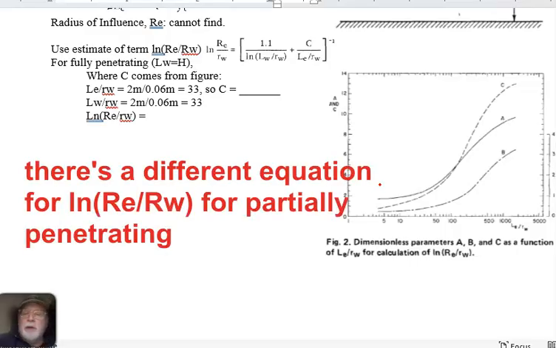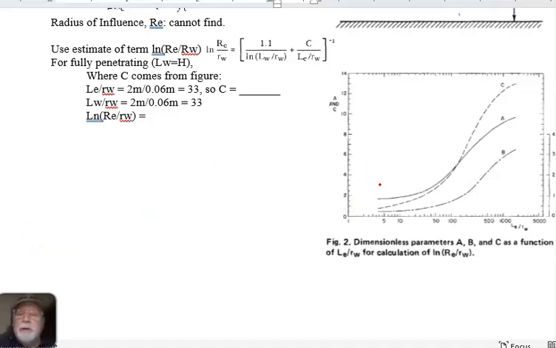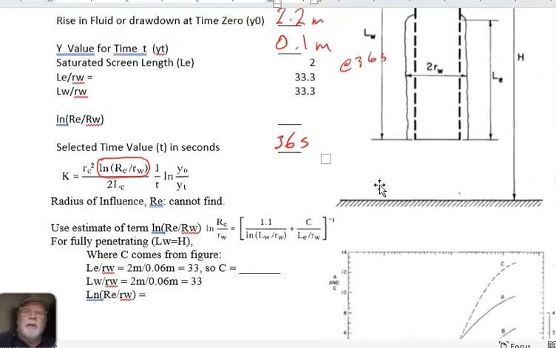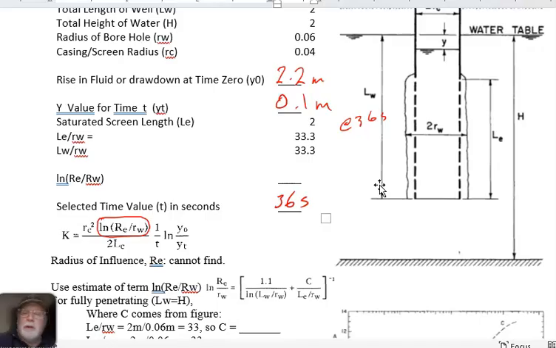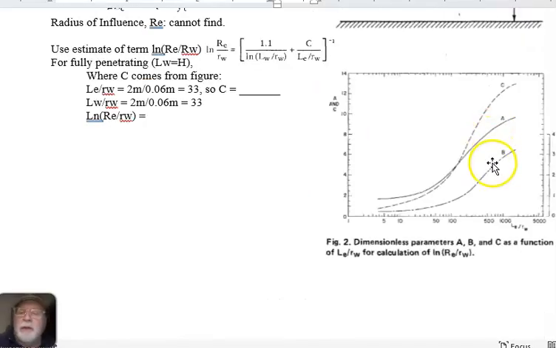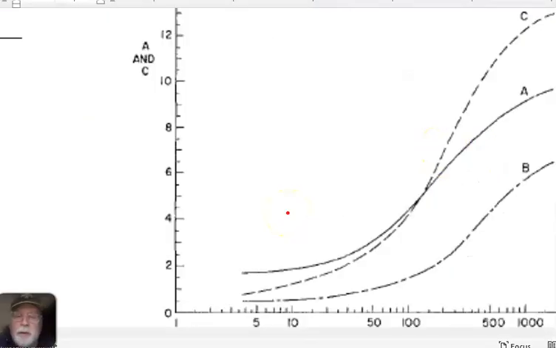All right, so we have, here on the bottom, LE over RW on the x-axis, and I've calculated that out here. It's 33.3, and at 33.3, I'm going to zoom in here. So this is 10, 20, 30, 40, 50.